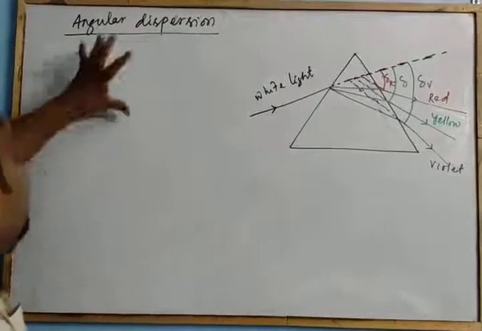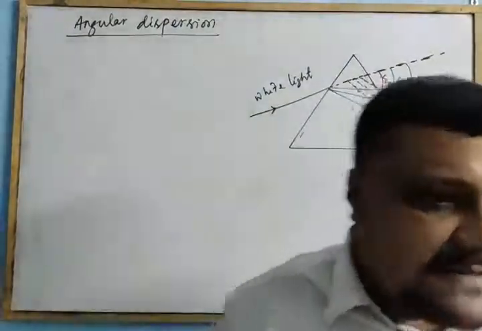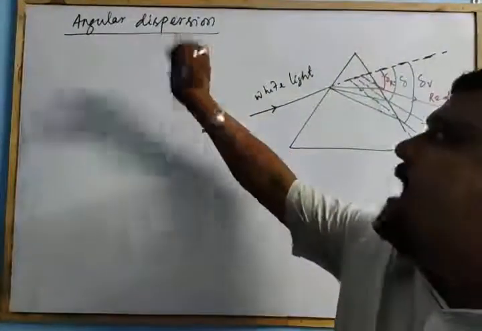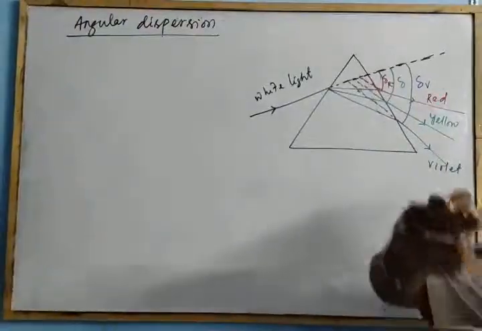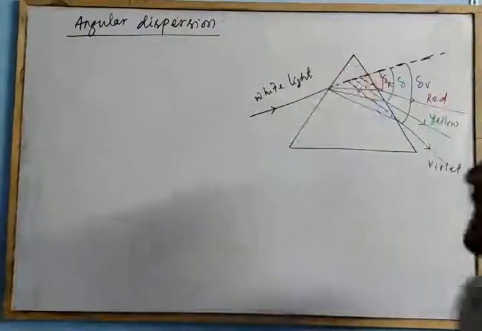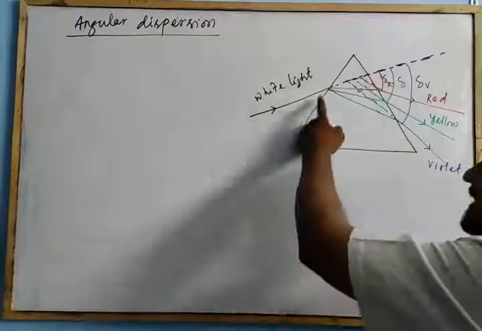Next, another definition associated with the prism: angular dispersion. Now we have the cause of dispersion, and what is this angular dispersion? Now I show a ray diagram. White light is incident.